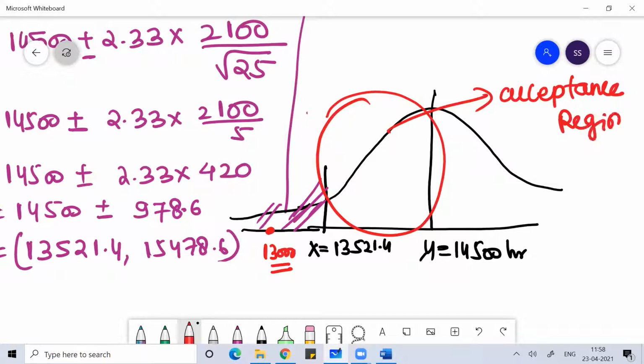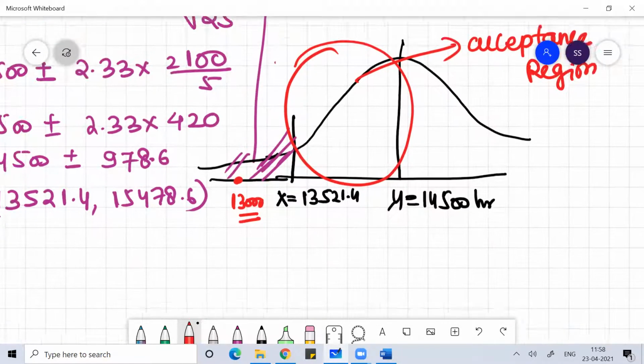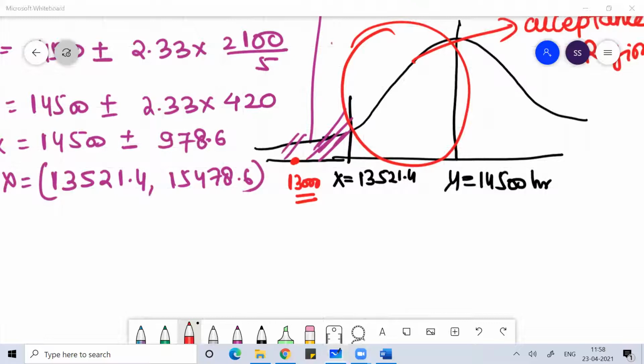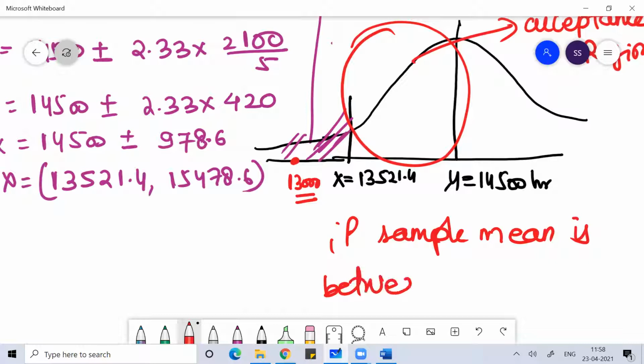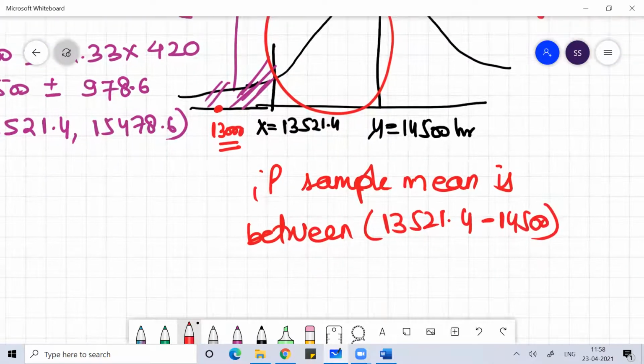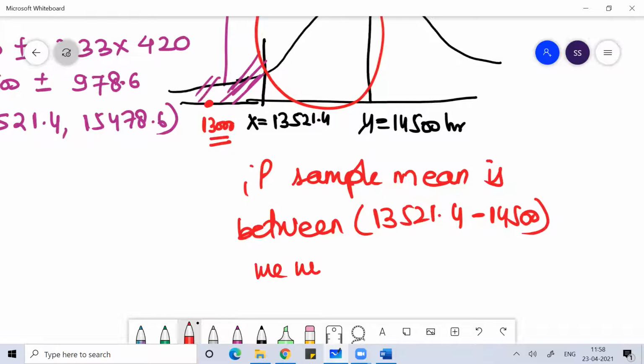So if the sample mean is between 13,521.4 and 14,500, we will accept the null hypothesis.